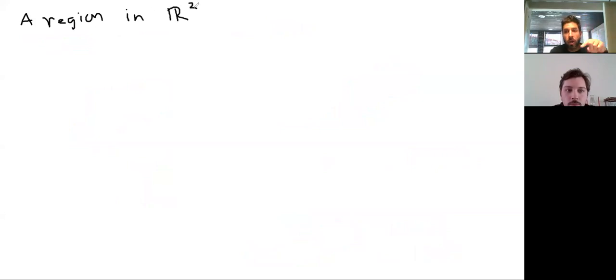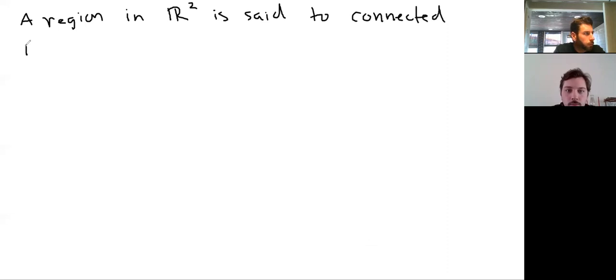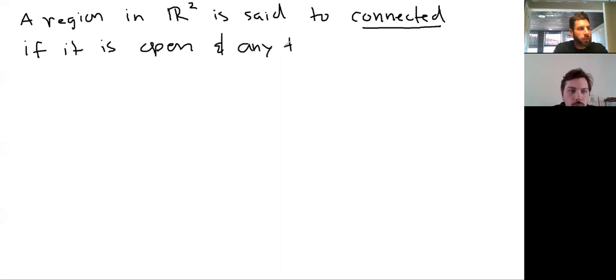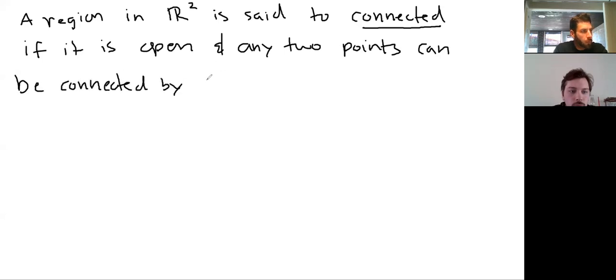So now we're talking about not a curve necessarily, but a region, is said to be connected if it is open and any two points can be connected by a curve, and it has to be continuous in that region.